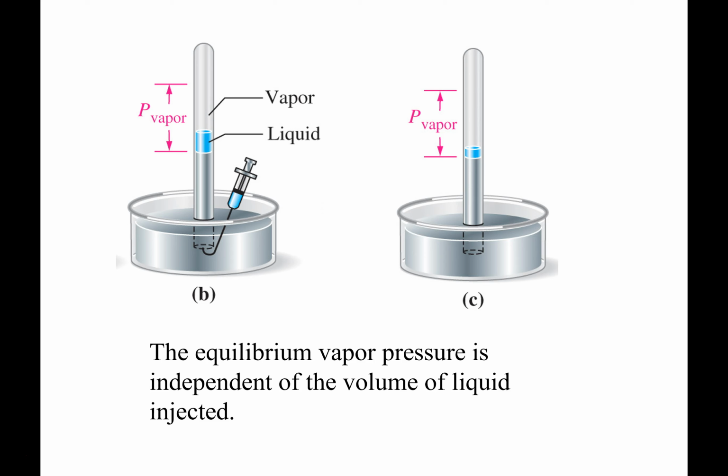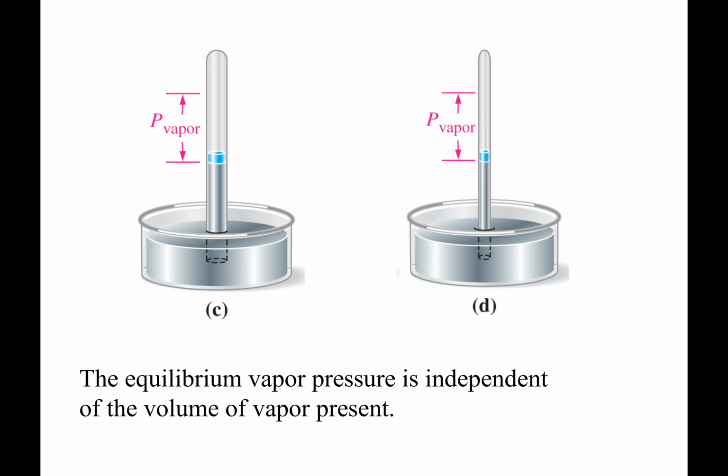Now, if there was no liquid there, you might have run out of liquid to evaporate, and you might see that it doesn't depress as much because you don't have as much liquid. Let's see what this one does.